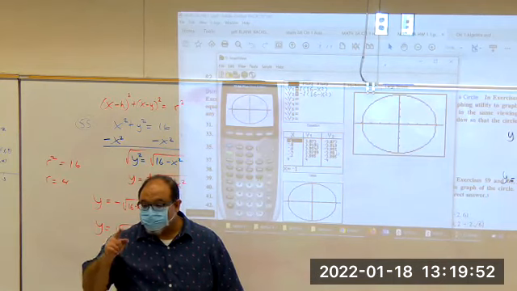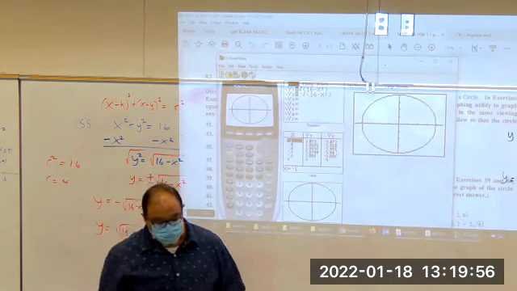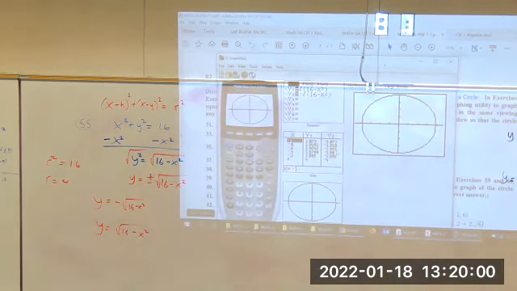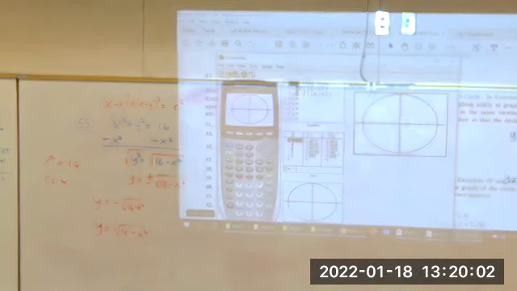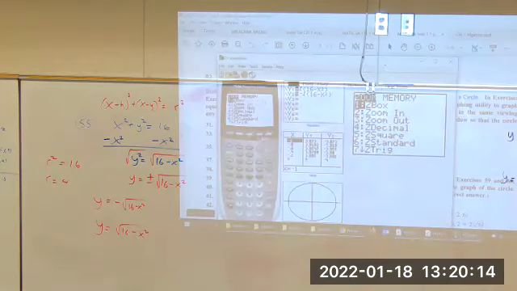So here's the key that fits it all together. Keyword: fit. When you don't know what to make your X min, X max, Y min, Y max, you go to zoom, and you go all the way down. If I keep just hitting down, it'll go all the way down to 8, 9, 10, and so on.